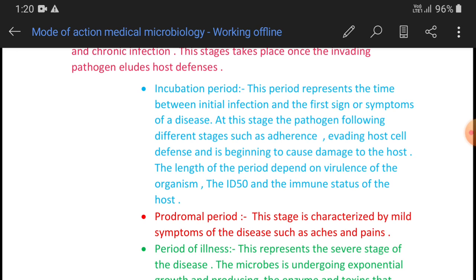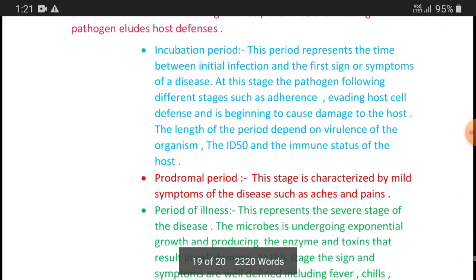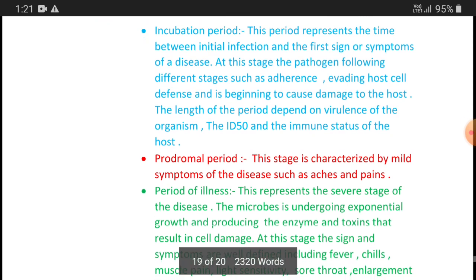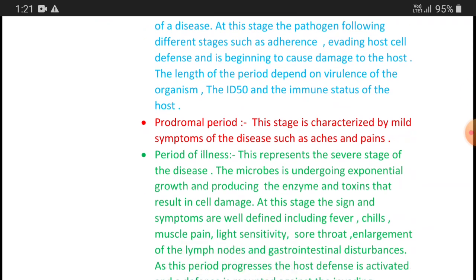Then the prodromal period, in which mild symptoms occur. And then the period of illness, the most important period, in which the immune system starts its action against the invading pathogen. All the important symptoms develop in that period, and the appropriate drug is applied.